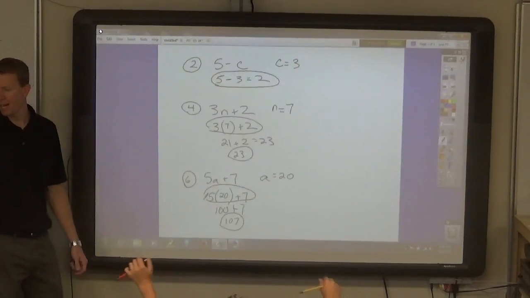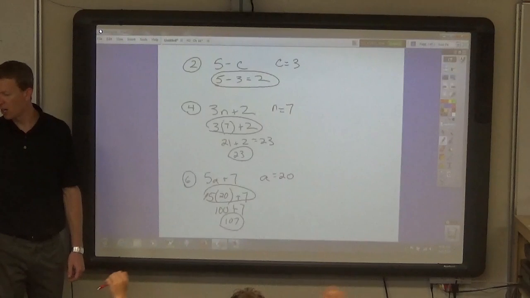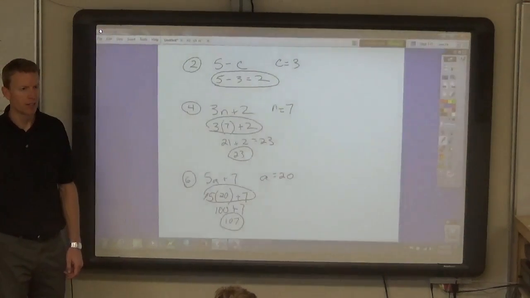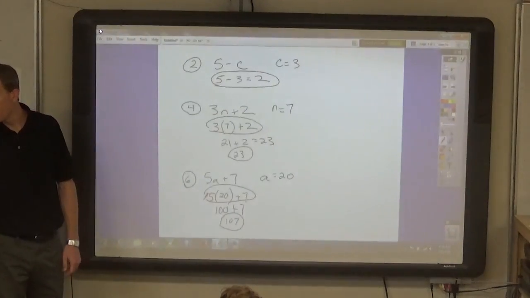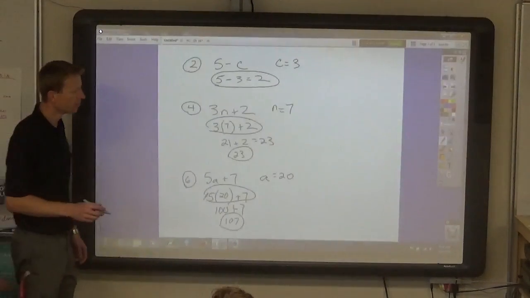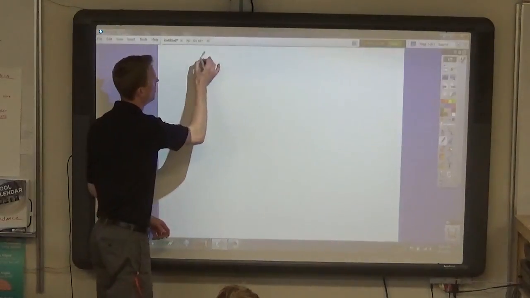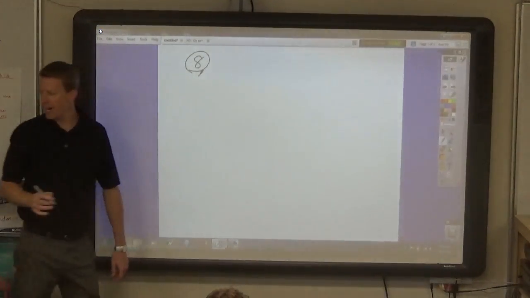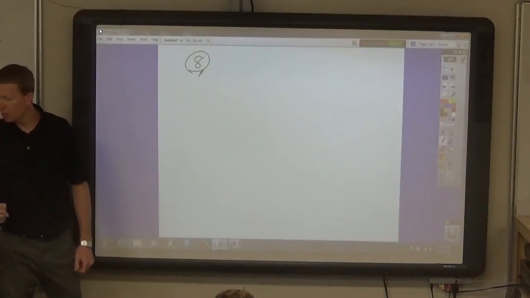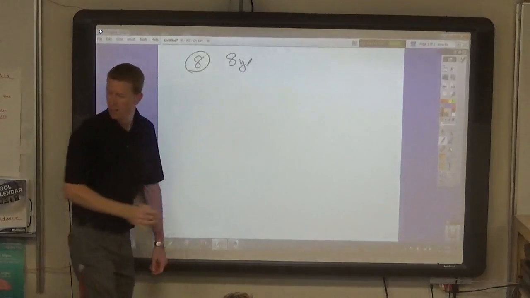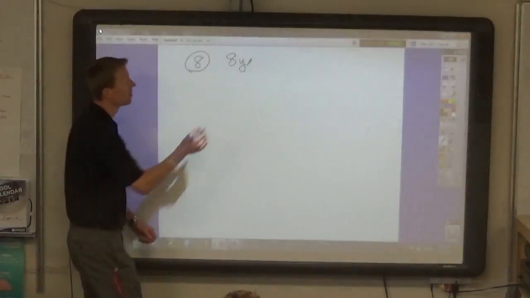Let's do one from the next section, and then I'll let you start on this. This one gives you 3 variables. Each one is given a value for you. And so, when you're doing number 8, you need to write down the given expression, 8y divided by x.